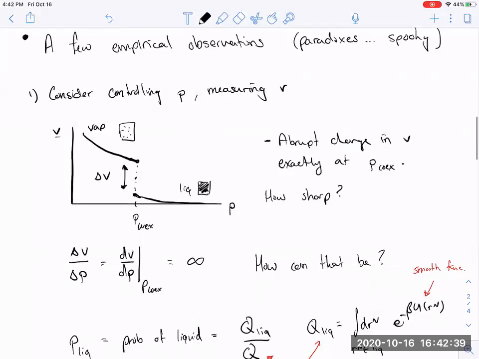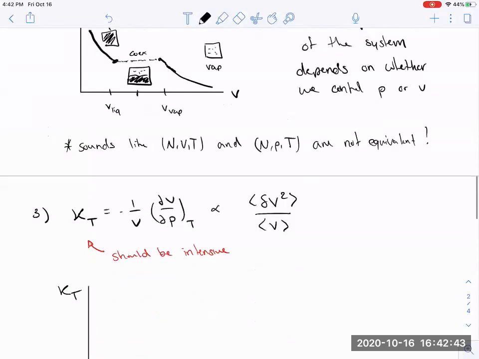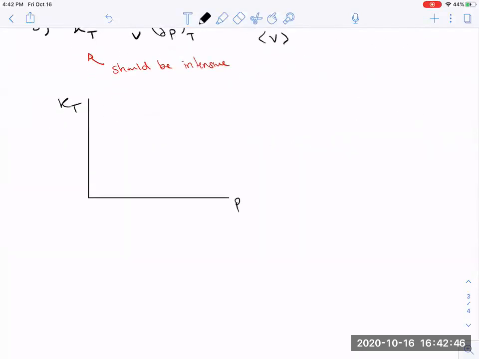So differential change in the volume as a function of the pressure, that's going to give me one slope at low pressure and another slope at high pressure.